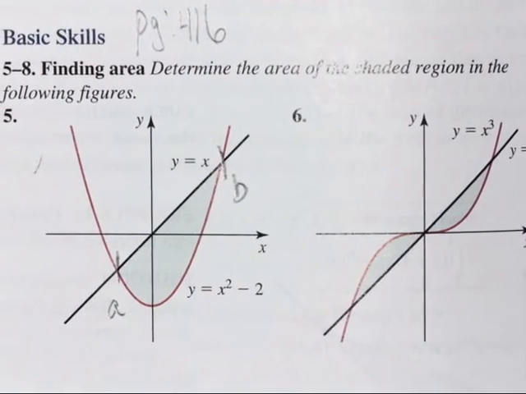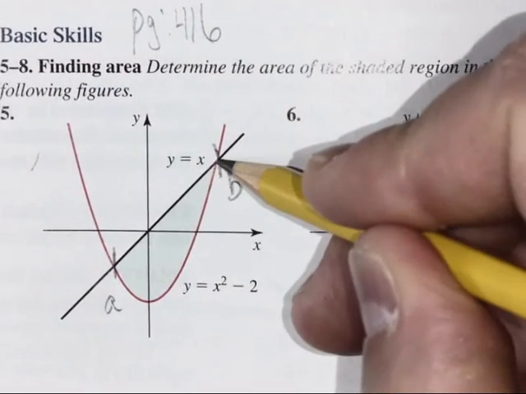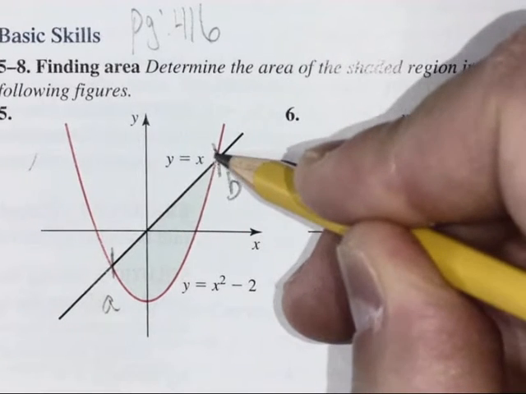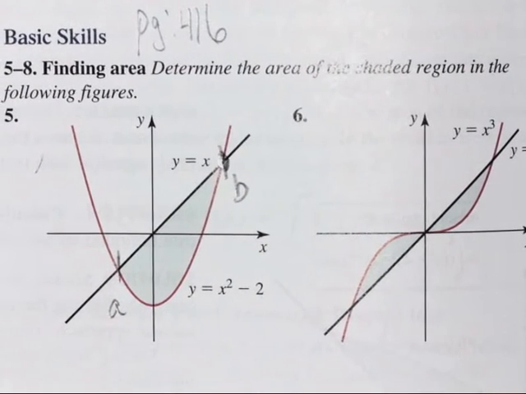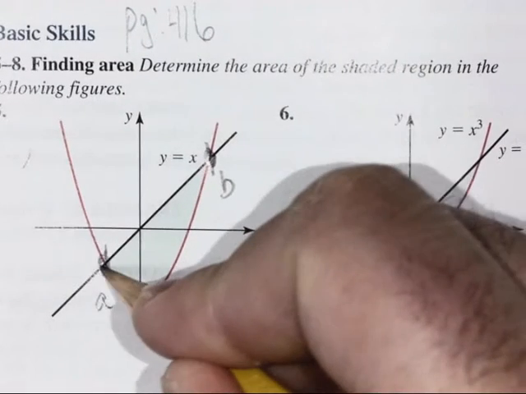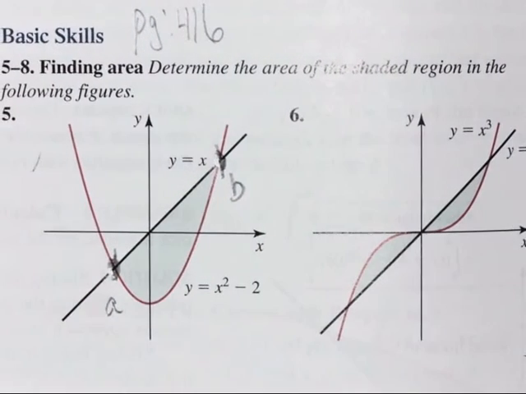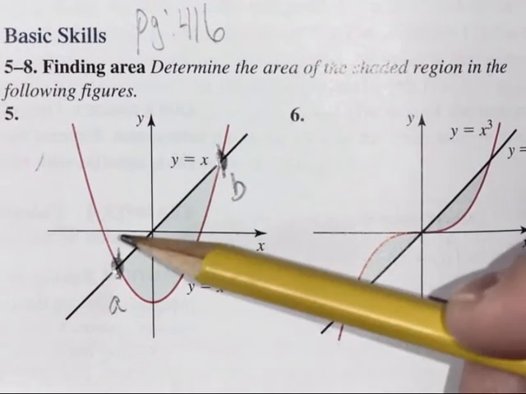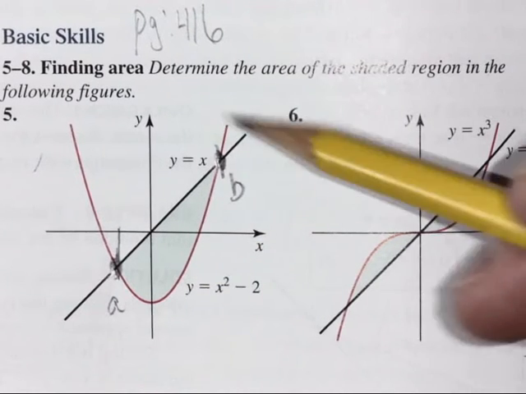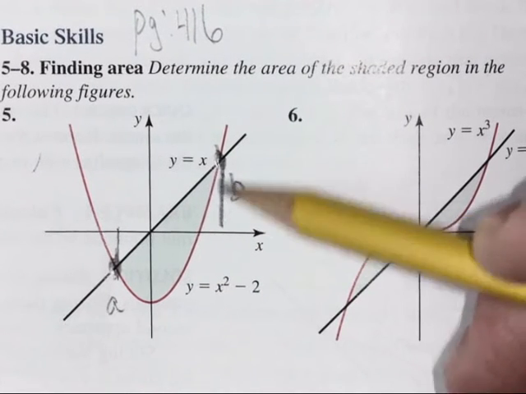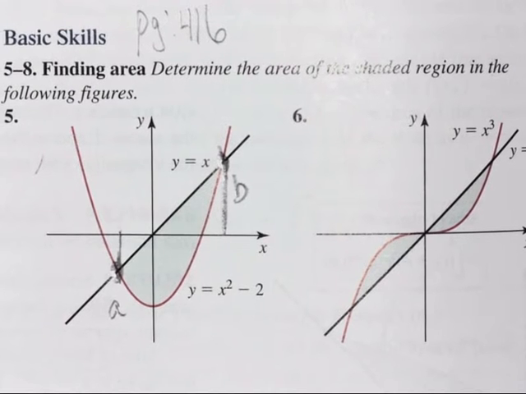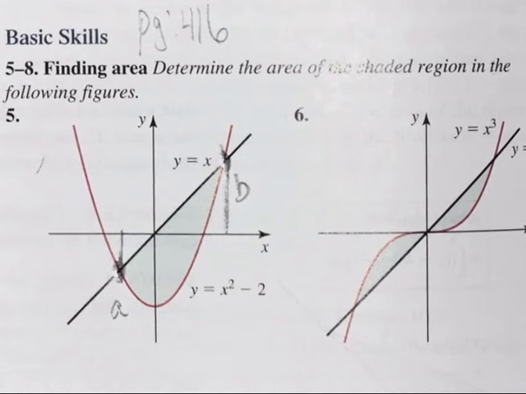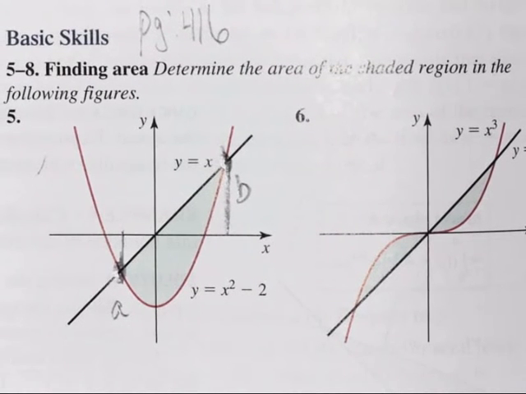So we want to essentially find that x-coordinate for where those two curves intersect, and we want to find this x-coordinate for where those two curves intersect, and that way we know that our region is essentially going from here to here in terms of the x-axis. So I have a starting and an ending point for finding that area.